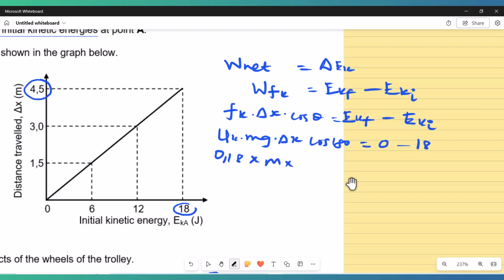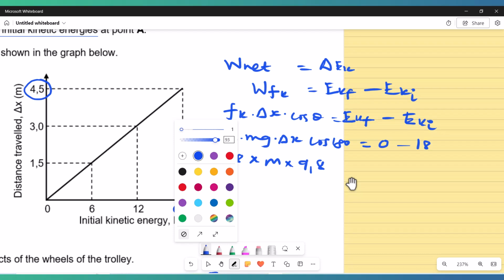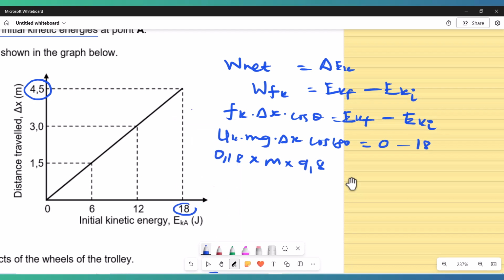My gravity is 9,8. My angle is cos 180, so this is cos 180 degrees, then equals to negative 18. So here, 0,18 times 9,8 times cos 180, calculate as what we get.